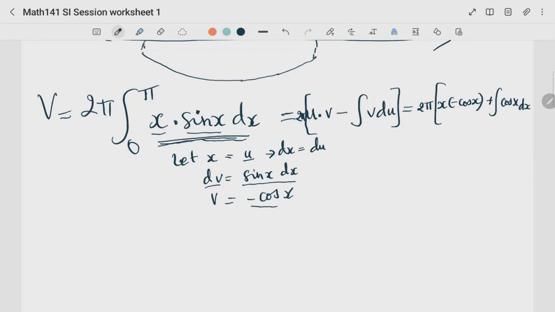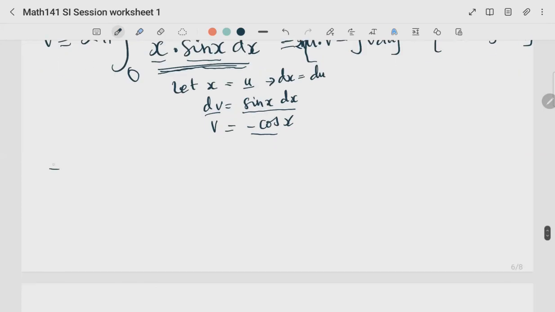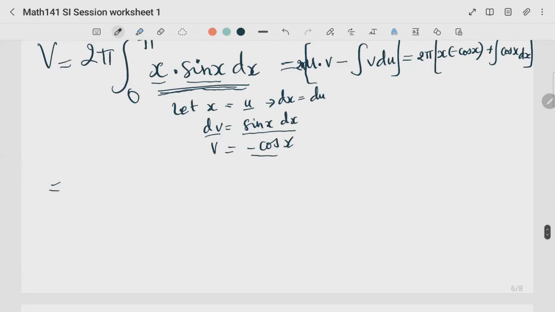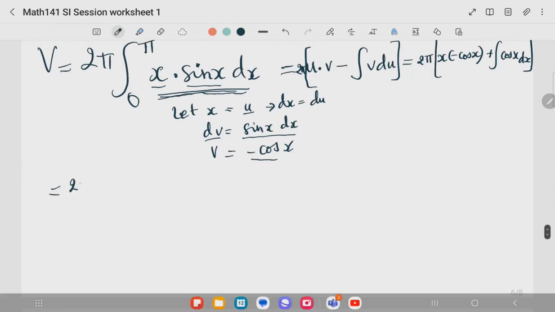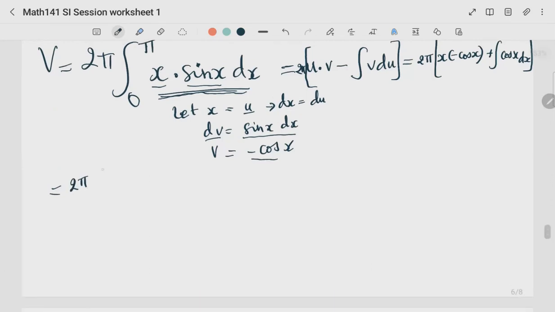Now solving this, what you get is 2 pi multiplied into negative x times cos x plus the integral of cos, which is just sine x. And remember that this is evaluated between 0 and pi.